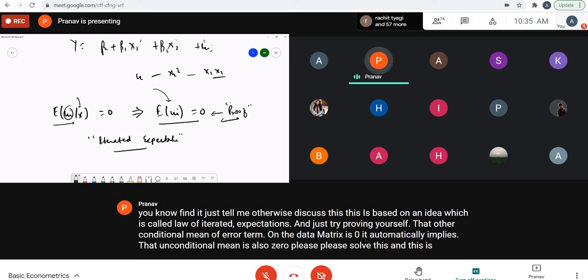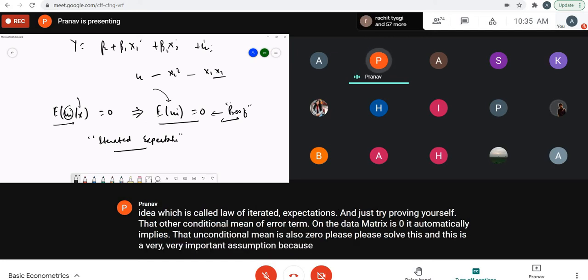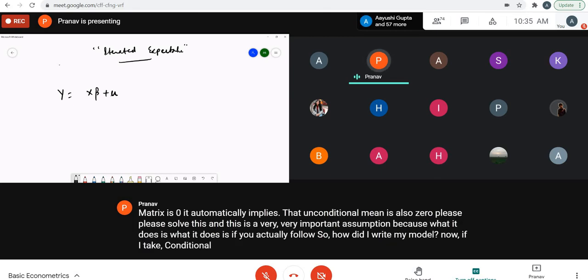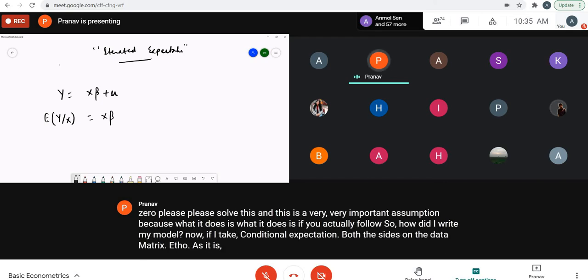And this is a very, very important assumption, because what it does is, if you actually follow, how did I write my model? Now if I take conditional expectation on both sides on the data matrix, this will come out as it is, because this is nothing but the data matrix itself, plus this, which by assumption is 0.